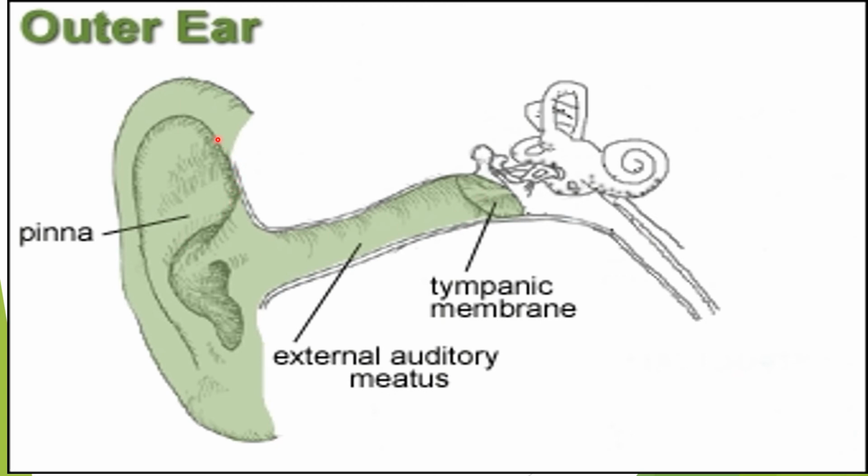So, what are the functions of different parts of the outer ear? The pinna collects the sound waves and directs them towards the auditory canal. The auditory canal conducts the sound waves from the pinna to the tympanum. The tympanum converts the sound waves into mechanical vibrations.